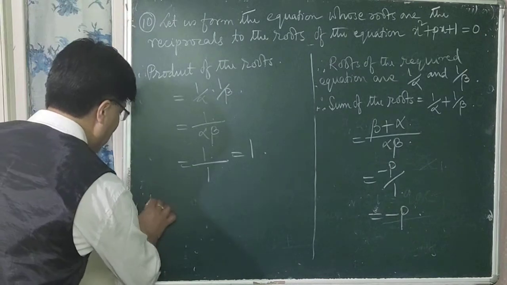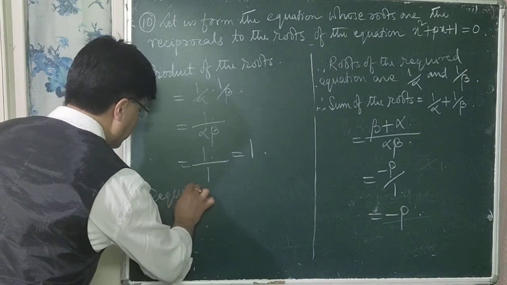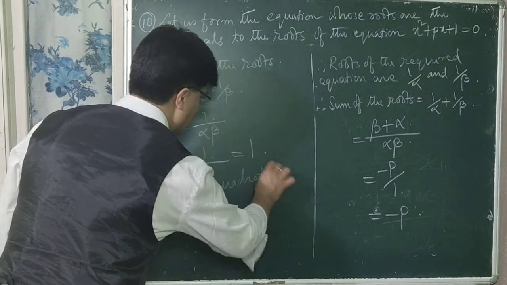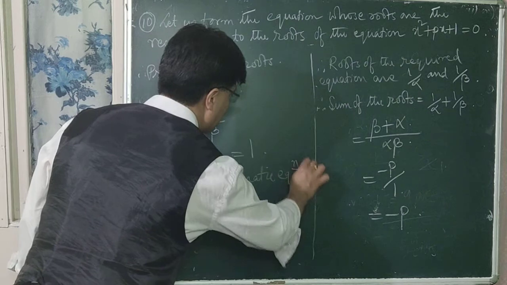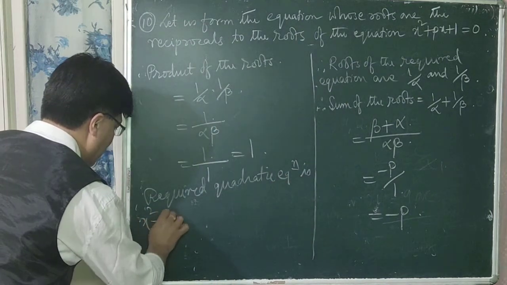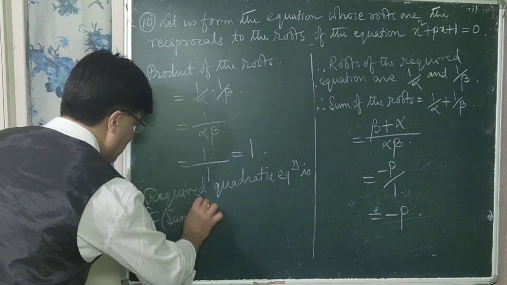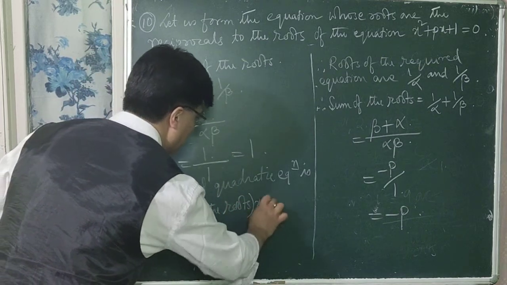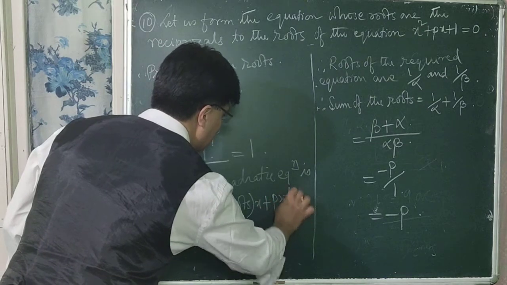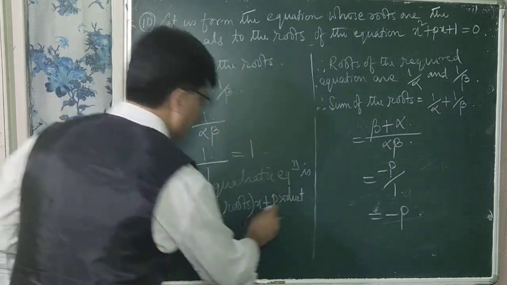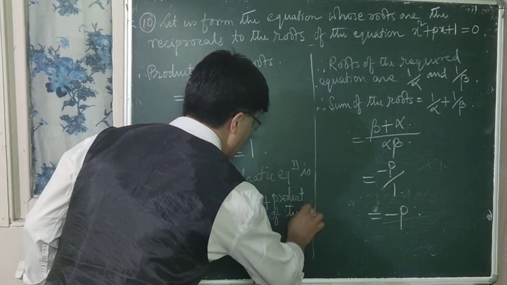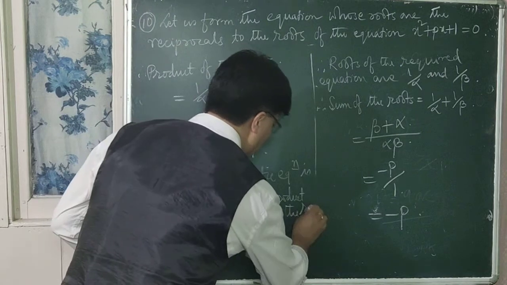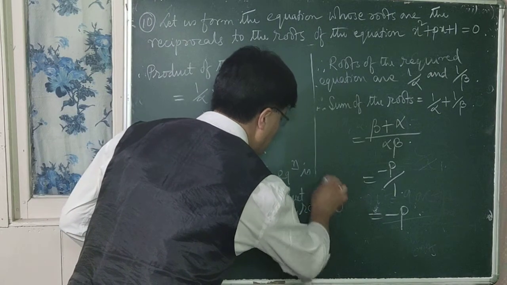So therefore, the required quadratic equation is x square minus within bracket sum of the roots into x plus product of the roots is equal to 0.